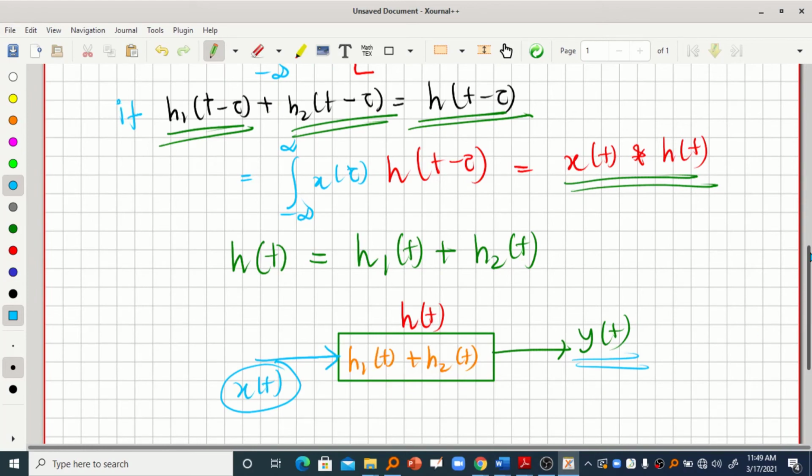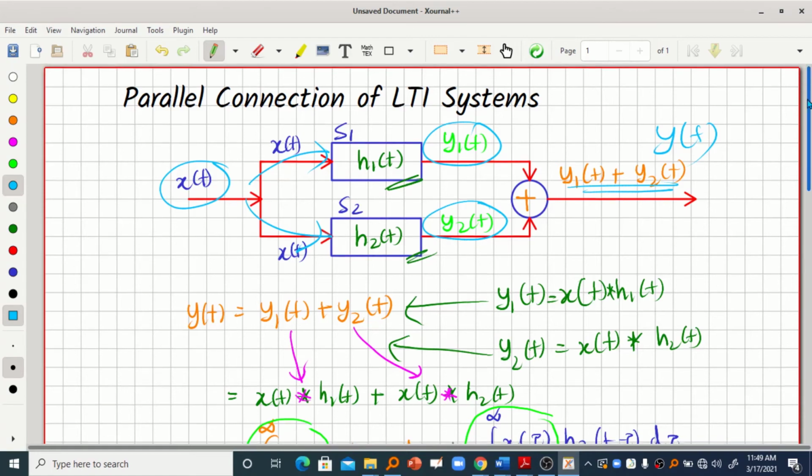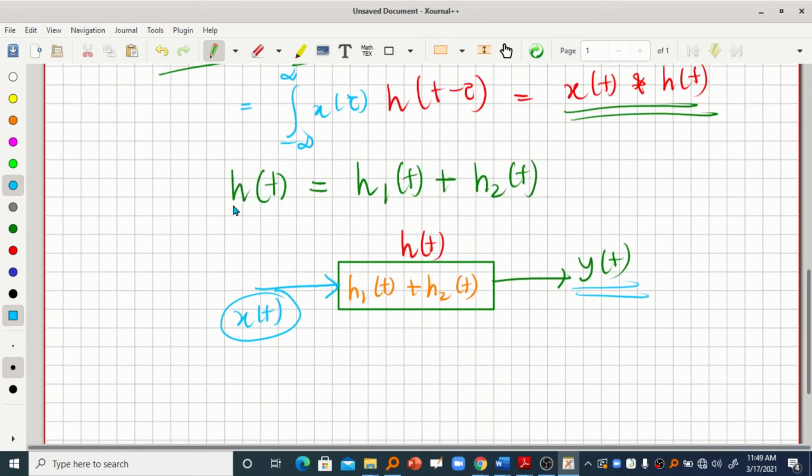So here, you have given x of t separately to the systems, taken the outputs y1 of t and y2 of t separately, and finally added them together to get y of t, right? The same thing can be achieved by adding the impulse responses together and giving the input x of t, you will get y of t. So this y of t and the previous case y of t will be the same, right?